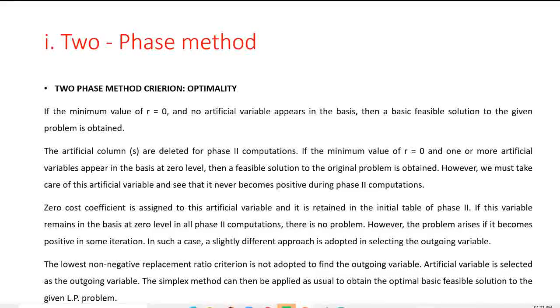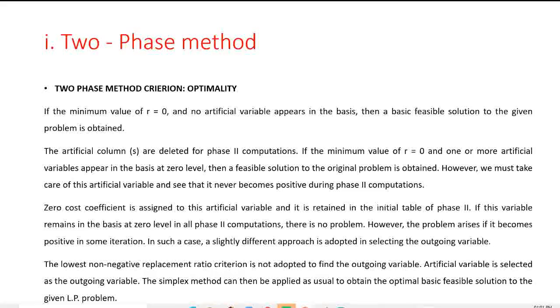However, the problem arises if it becomes positive in some iteration. In such a case, a slightly different approach is adopted in selecting the outgoing variable. The lowest non-negative replacement ratio criterion is not adopted to find the outgoing variable. The artificial variable is selected as the outgoing variable. So in phase 2, we are removing all the artificial variables.